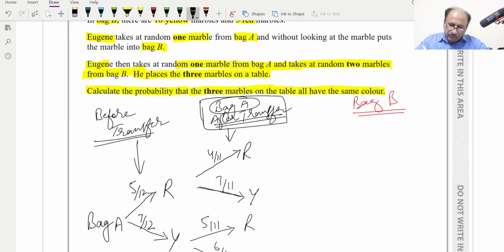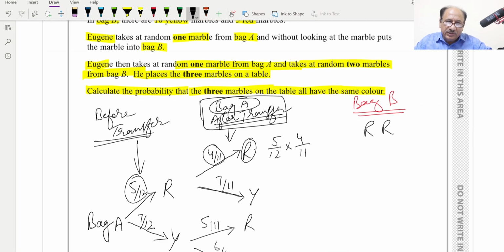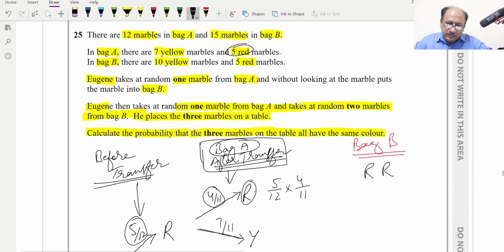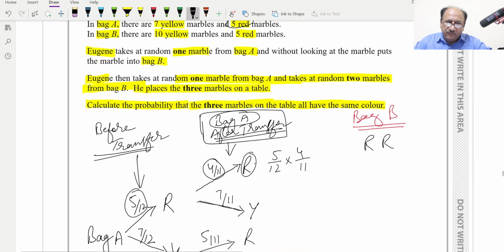If we are taking, for example, this red, there should be red in these two situations also, then we can have three red. So for this red we will have probability of 5 by 12 into 4 by 11. So we will write 5 by 12 into 4 over 11. And bag B is containing 10 yellow and 5 red.